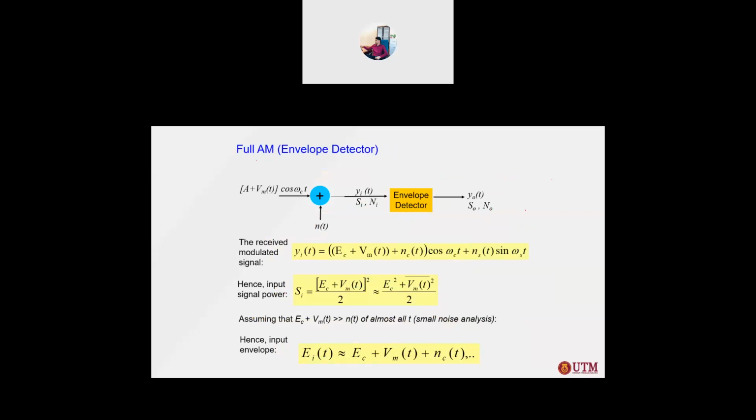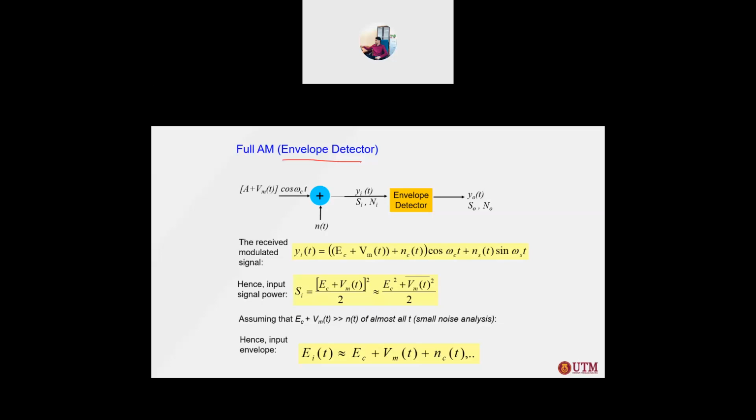Okay, so the full AM envelope detector. This is an envelope detector. In the past lecture we covered the envelope detector, which is the diode detector, but this one is with the existence of noise. Last time we didn't cover noise.